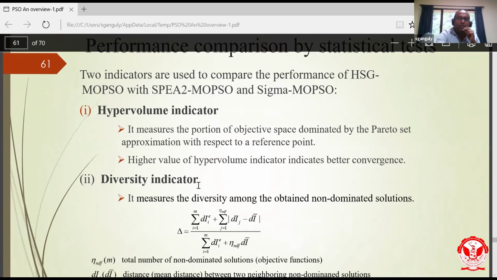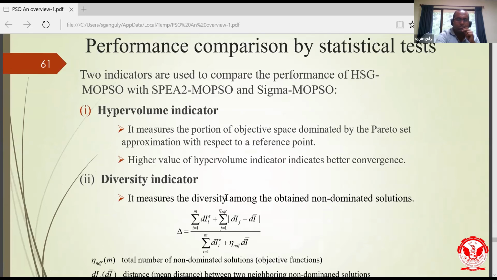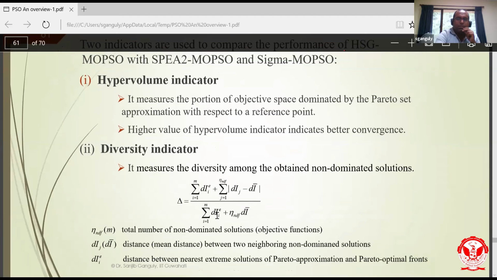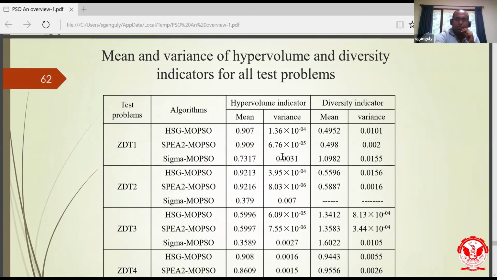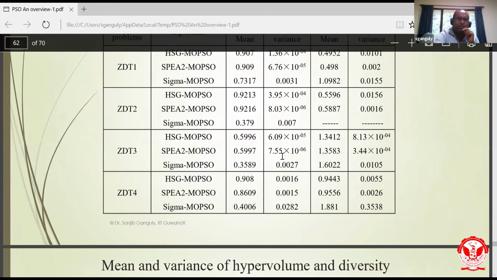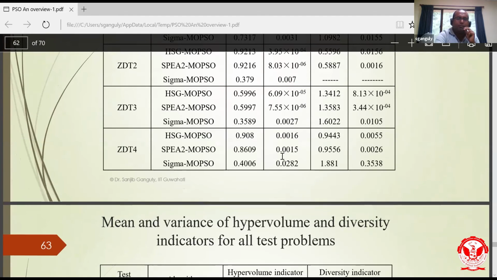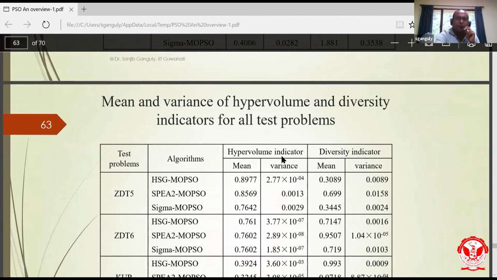Similarly, the diversity indicator measures how much diversity you have among the different solutions. For diversity indicators, if the value is less, then you have a better solution. Based upon that, I compared the performance of the proposed algorithm and found my proposed algorithm is better in most of the benchmark problems.